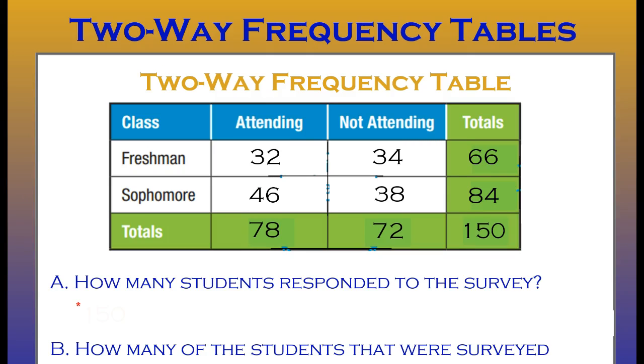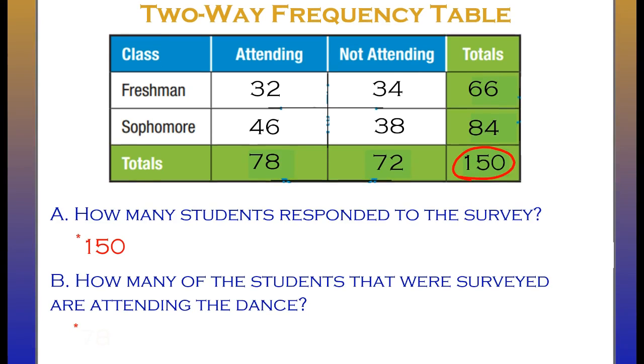In this first example, it says how many students responded to the survey. Looking down that portion, we have a total of 150 students responding. How many of the students that were surveyed are attending the dance? It doesn't get specific here. It doesn't say freshmen or sophomores.